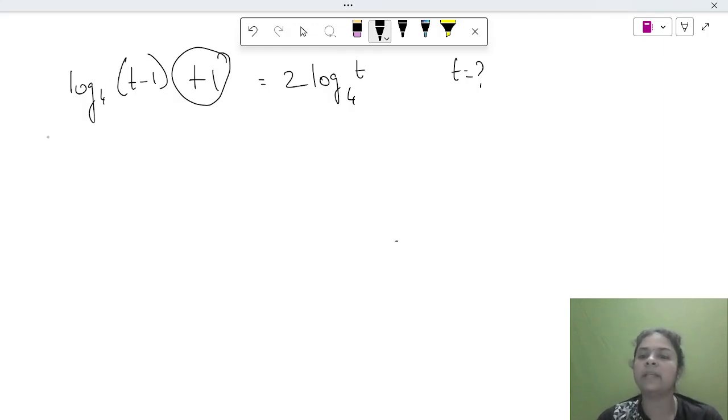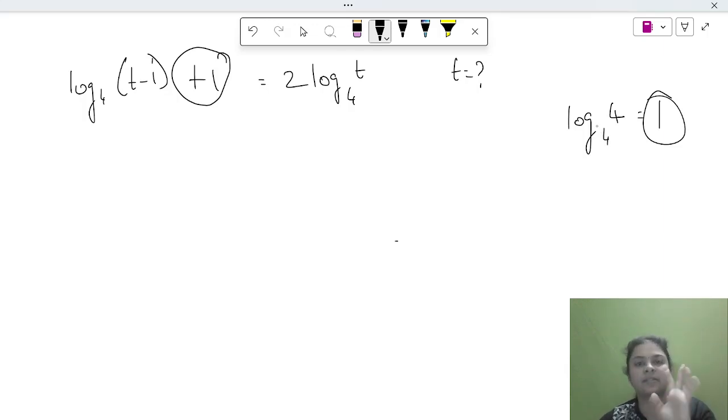Now 1 can be written as log what? Log 4 to the base 4. You can always take the value 1 as the log of a number to the same base. So log x to the base x is always equal to 1.